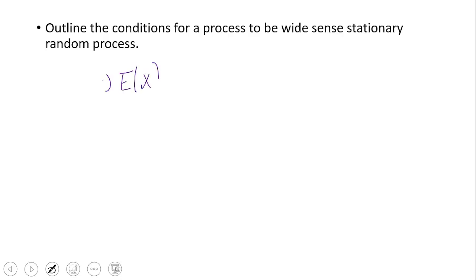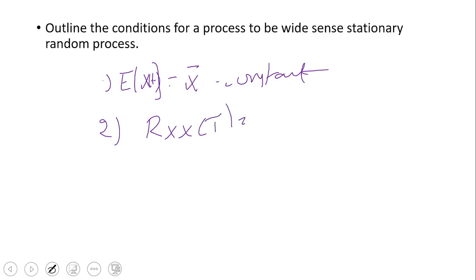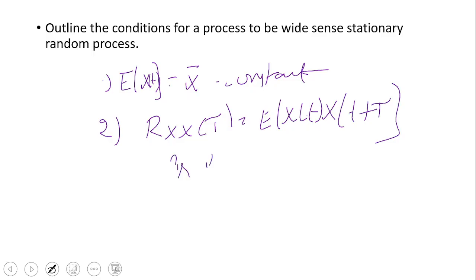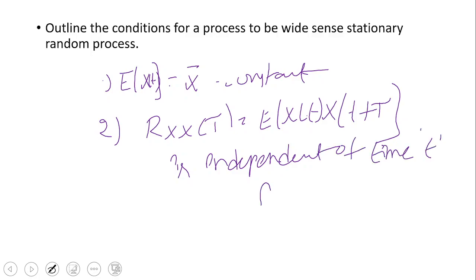Write the two conditions: E of X of t is equal to X bar, which is constant, and the second one is that the autocorrelation function R_XX of tau, that is E of X of t, X of t plus tau, is independent of time t and a function of tau only.